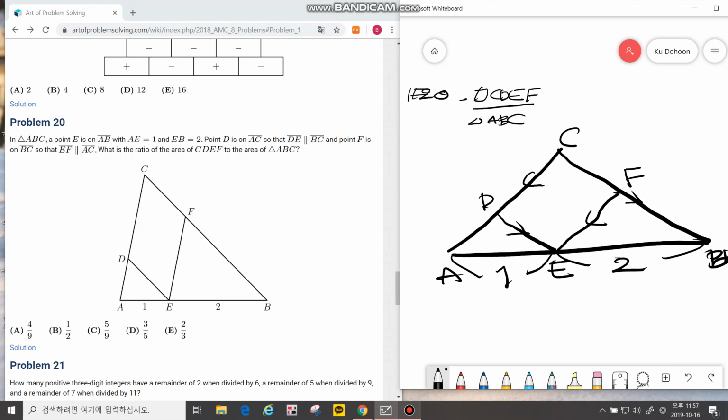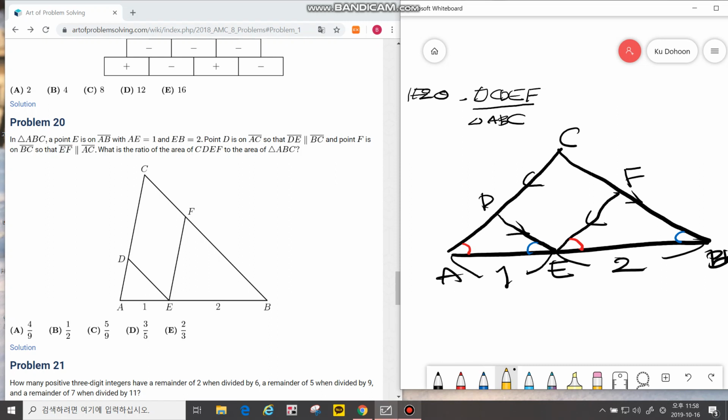All right, what do we need to do to get the area of this first? So this is 1, and we got the actual lengths here, 1 and 2. But what we know is that this angle and this angle here are congruent because they're parallel.